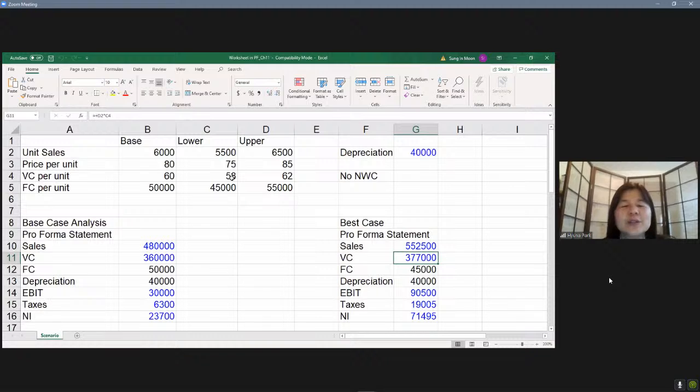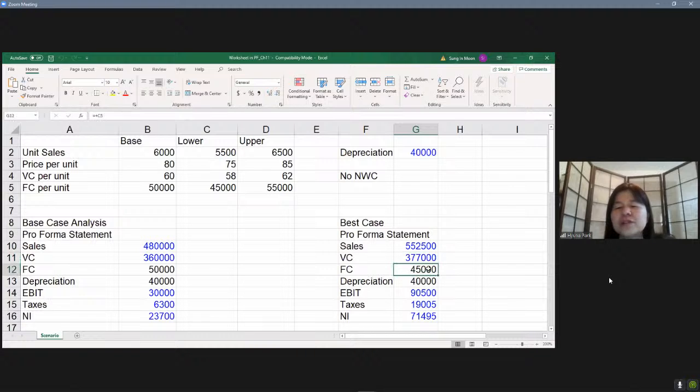So the $58 variable cost per unit is the lowest, but we sell the most, the largest amount, 6,500. So 58 multiplied by 6,500 is the best case scenario for variable cost. Don't use 5,500, the lowest unit sales, because by definition, the best case is for selling the largest amount. So that's the best case.